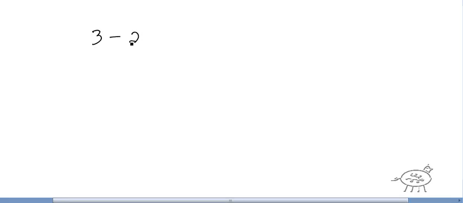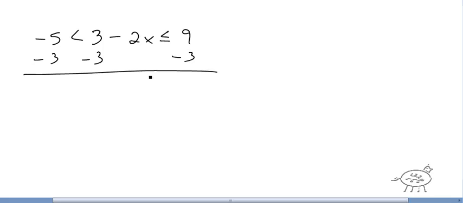3 minus 2x is between negative 5 and 9. Same thing, you're going to subtract 3 from all 3 sides. So you get negative 8 less than negative 2x less than or equal to 6.